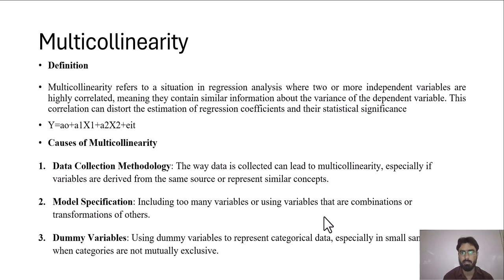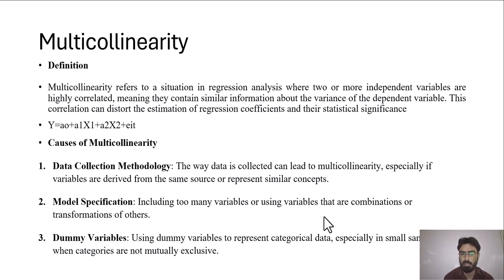And the next reason is the dummy variable. Basically, dummy variables are used when we don't have quantitative data, or when we are analyzing the effect of an event. At that time we use dummy variables by assigning binary numbers like 0 and 1.